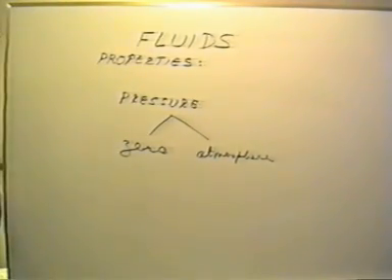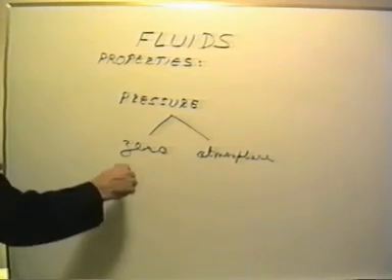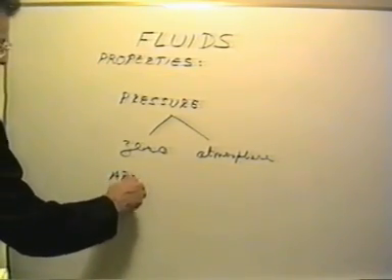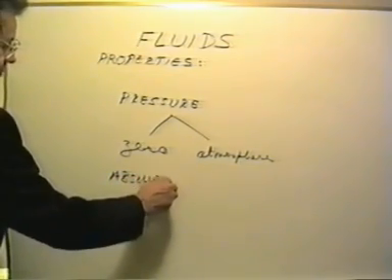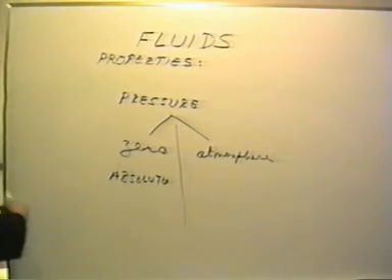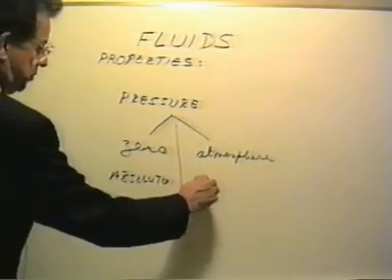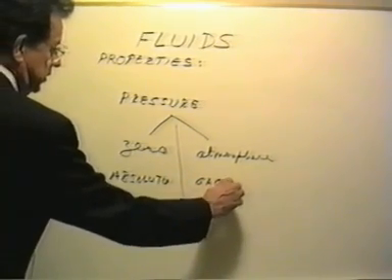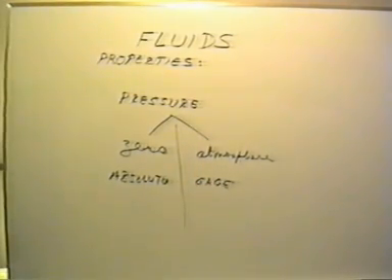When we measure it with respect to 0, the result we come up with is called absolute pressure. When we measure it with respect to atmospheric pressure, it is known as gauge pressure. And these two are slightly different. Most pressure gauges read the excess of pressure over atmospheric pressure.